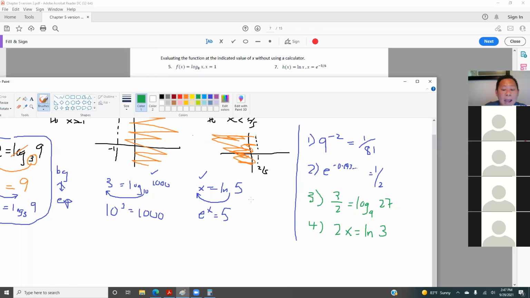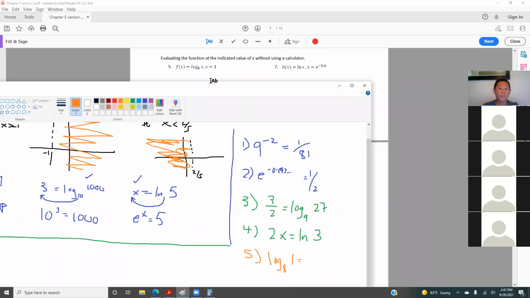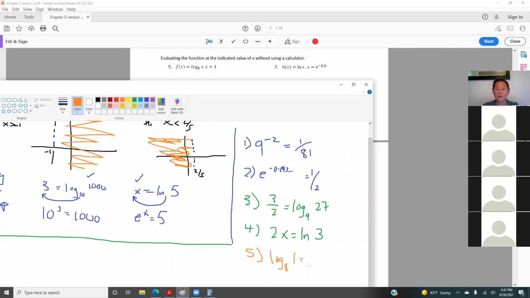So if you plug x equals 1 in here, you get log base 8 of 1. Can someone tell me what log base 8 of 1 is, without using a calculator? 0. Yep, 0. As long as your argument is 1, it's always 0.